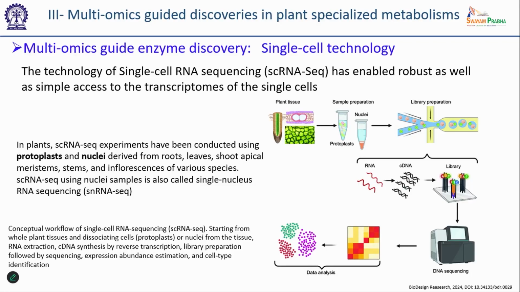And if you know that lots of these metabolic pathways occur not only in one cell, but sometimes in 2 or 3 different types of cells, the architecture of the metabolic pathway could be very complex. You can use single cell technology for at least 1, 2, or 3 types of cell tissue.